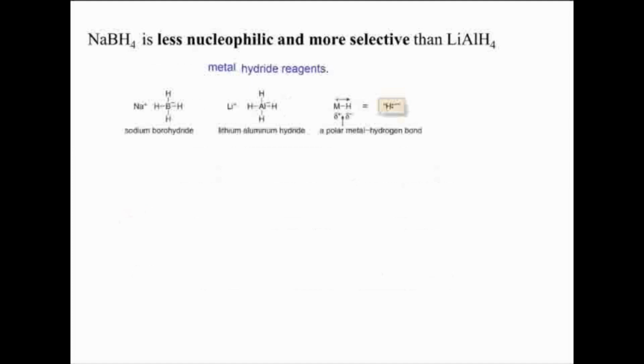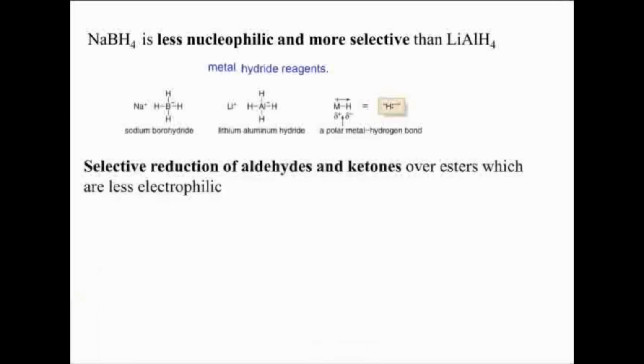So we have seen already that sodium borohydride is less nucleophilic and more selective than lithium aluminum hydride. Sodium borohydride reduces only aldehydes and ketones, and it reduces esters very, very slowly.